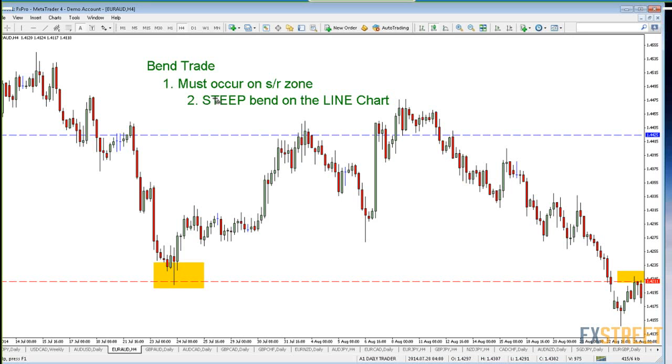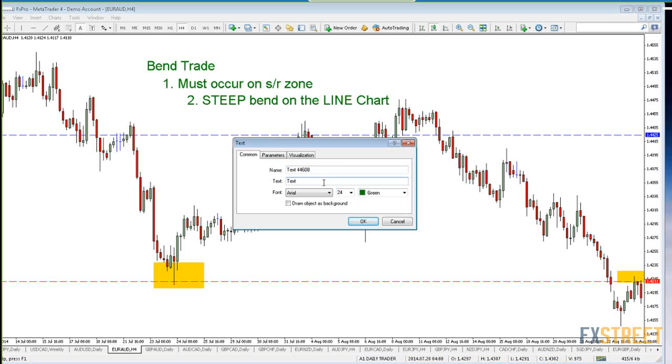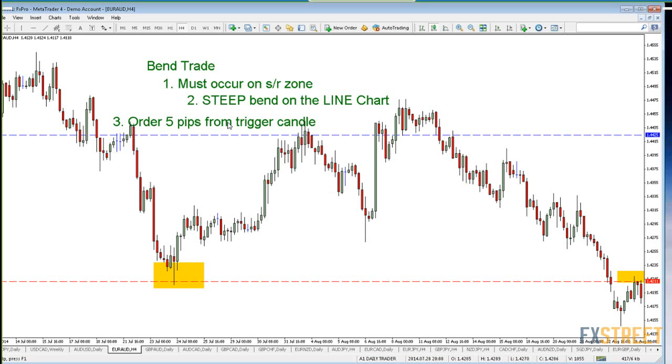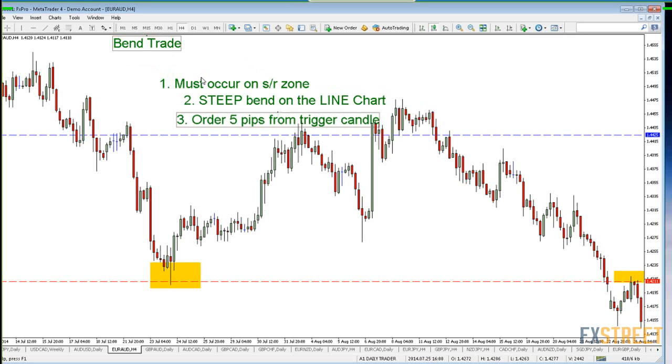That means I go ahead and put my order 5 pips below. Order 5 pips from the trigger candle. Okay? My order is 5 pips from the trigger candle, just like that. And there it is.